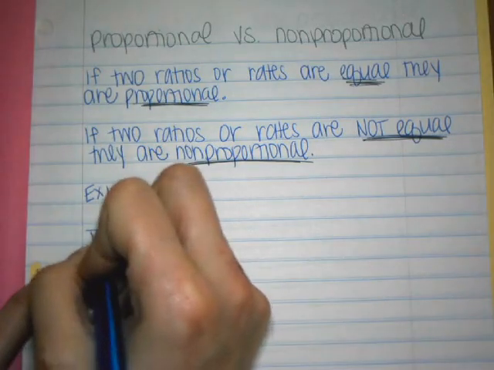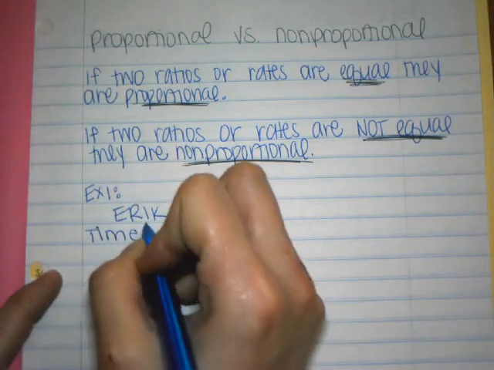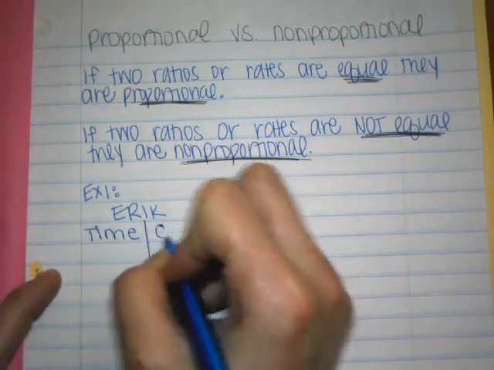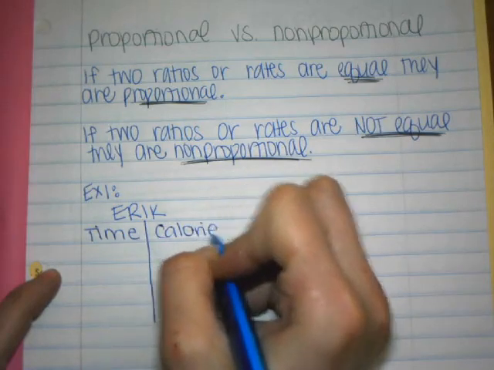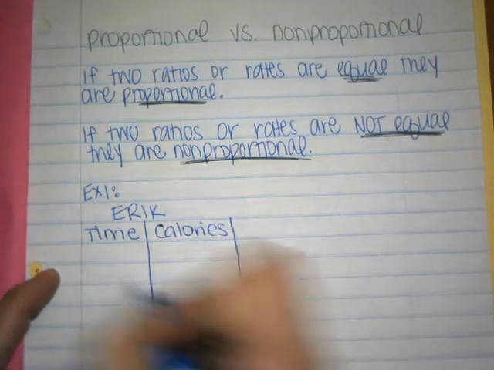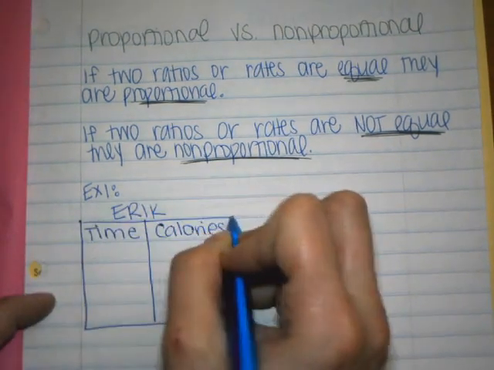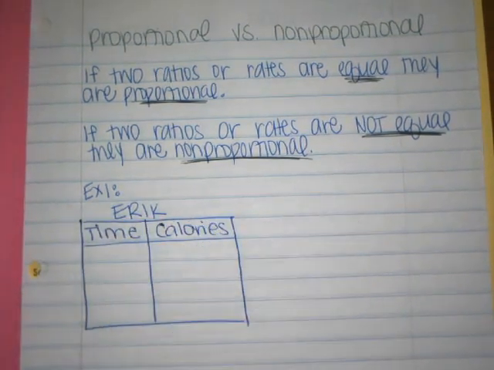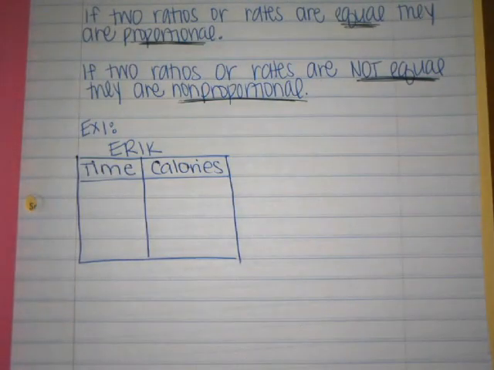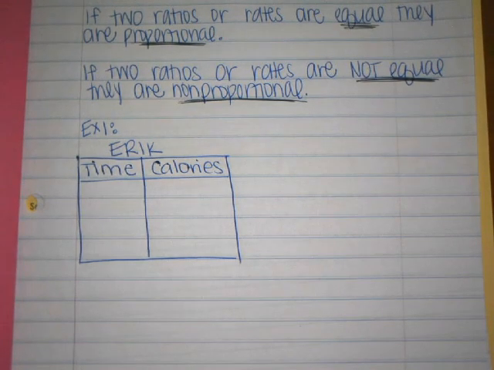And Eric is comparing his time for working out versus the calories that he burns. So Eric is working out, and he wants to know how many calories he is burning every 5 minutes.